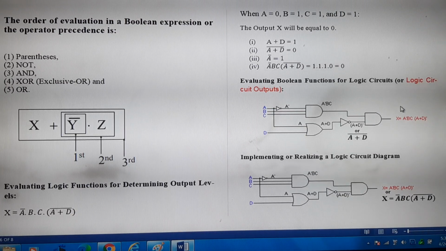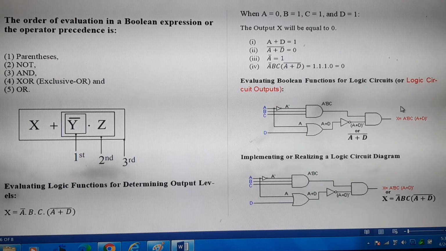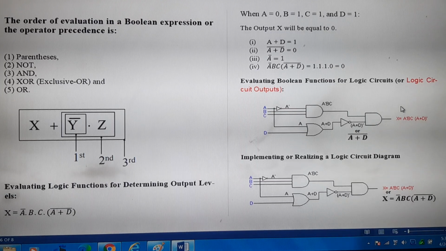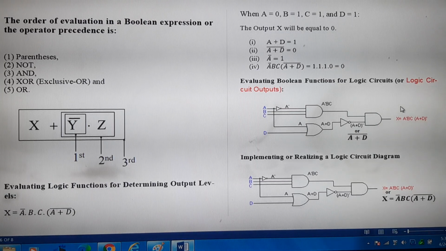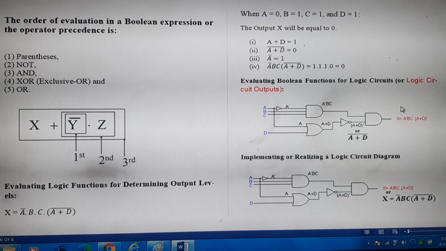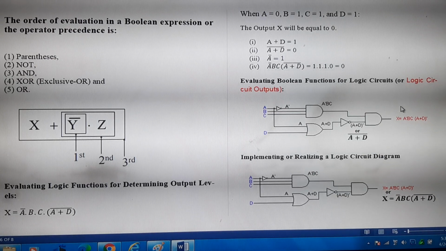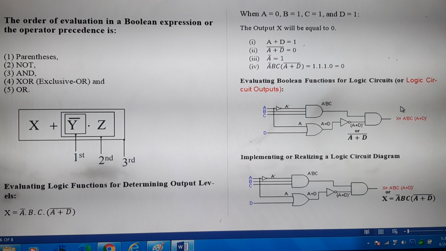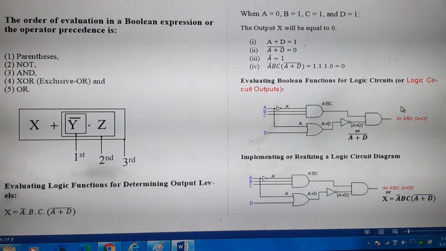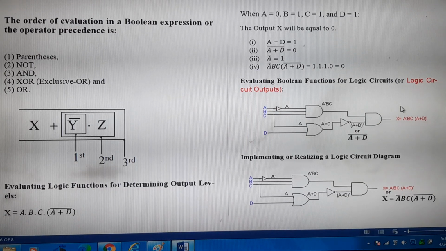In other words, the higher the operator's precedence level, the earlier it is evaluated. Therefore, an expression comprises a set of logical operations scanned from left to right, and the terms or operations inside parentheses must be evaluated before all other terms or operations. The next operation that holds precedence is the complement, then follows the AND operation and finally the OR.